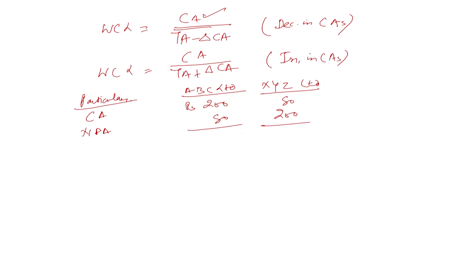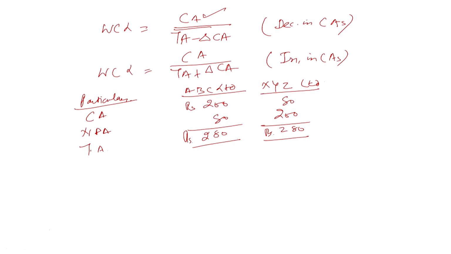What is the level of total assets? Total assets are 280 lakhs, and in this case also 280 lakhs. Now you see there is a completely different story in the two firms. In ABC Limited, the level of current assets is very high.